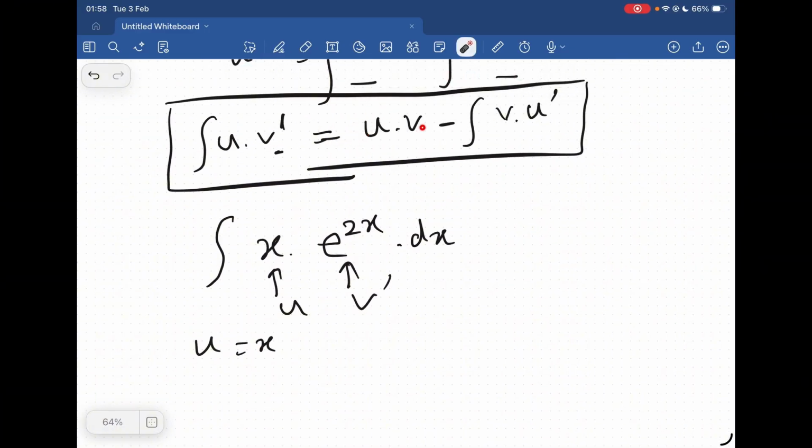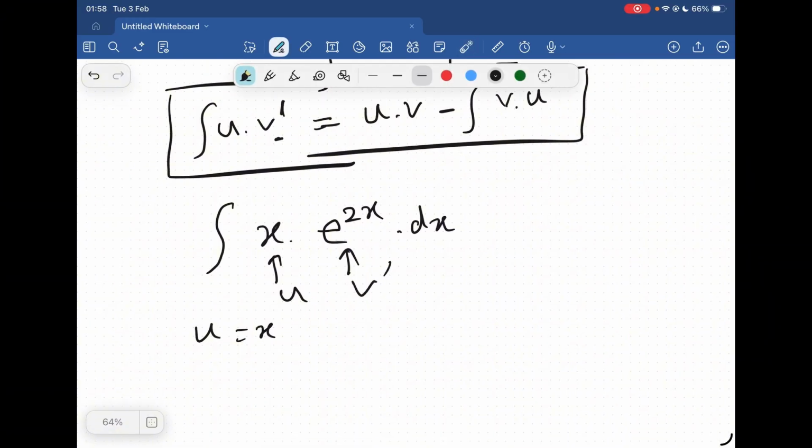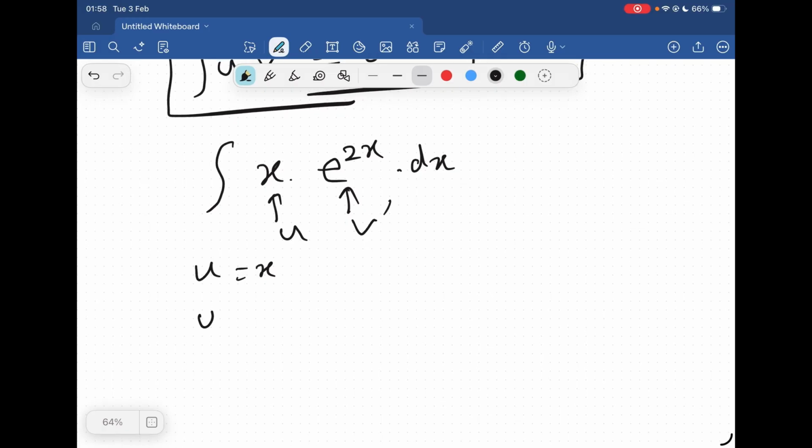You need u, v, u prime and v prime. You have u and v prime, so find the u prime and v. It is easier. u is x, so u prime, the differentiation of x with respect to x, is 1, and your v prime is e to the power 2x. Integration of v prime is v, which is half e to the power 2x.